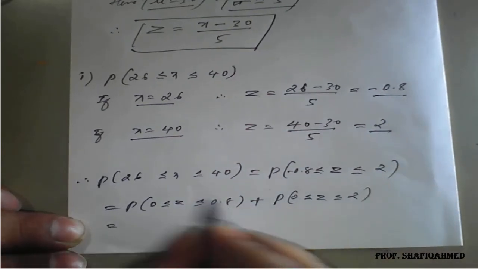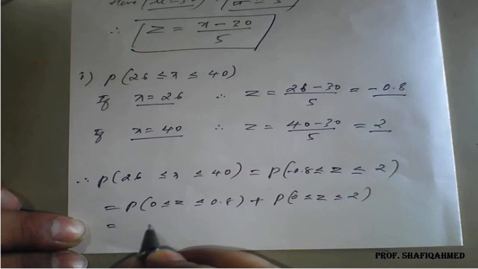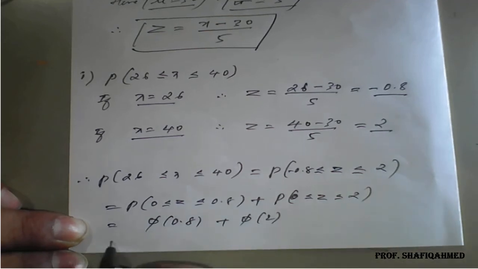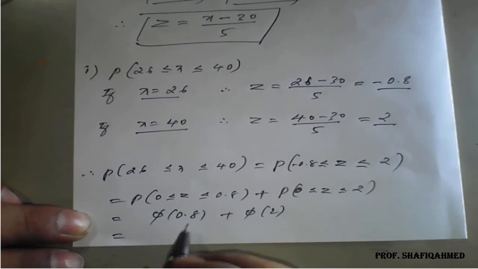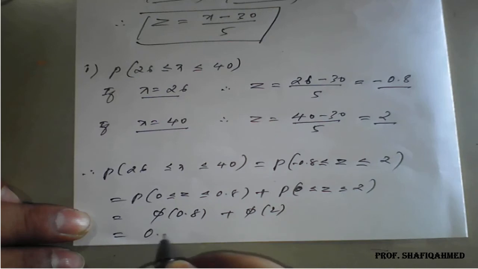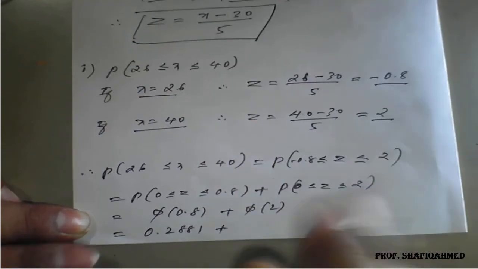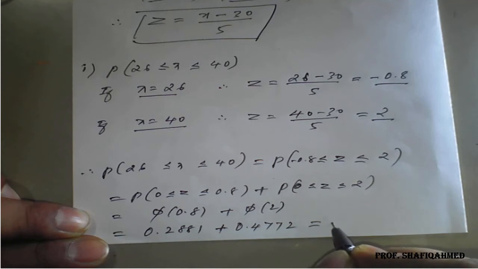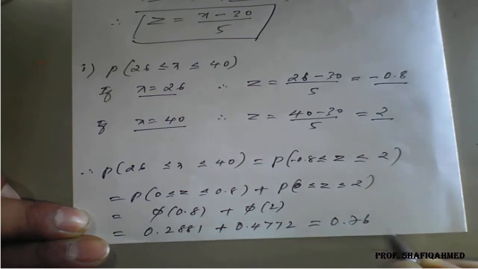So this is nothing but phi of 0.8 plus phi of 2. Phi of 0.8 according to the calculator or the table is 0.2881, plus phi of 2 is 0.4772. After adding we will get 0.7653.